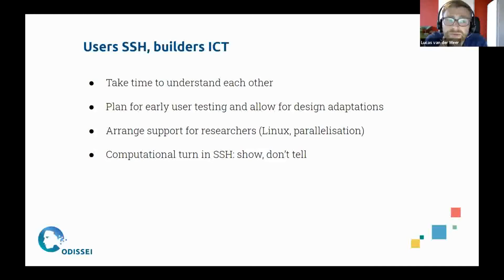We invited some users to test a prototype over a year ago, and we made quite some adaptations to the design of our OSSC. Thirdly, most social scientists are not familiar with Linux and parallelization, which are both required to use the OSSC. So we had to arrange some support for that, and we had to take that into account.